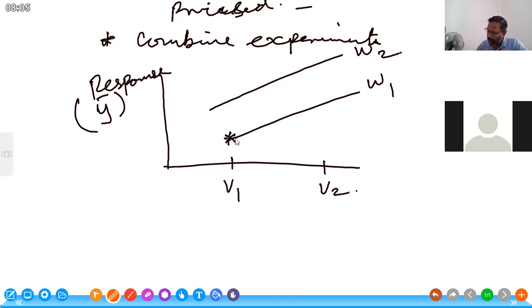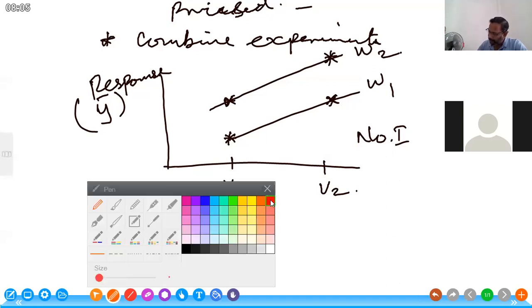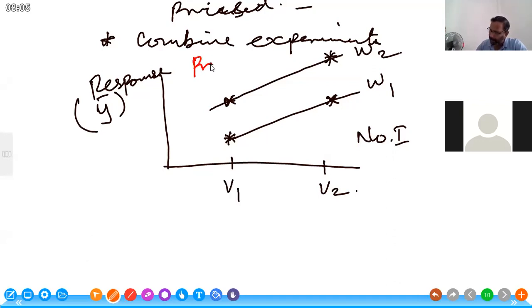So here you see the response for these 2 varieties to these 2 weed doses is more or less in a similar way. If the similar way of response occurs, then we call it no interaction. This kind of diagram is called a profile map.